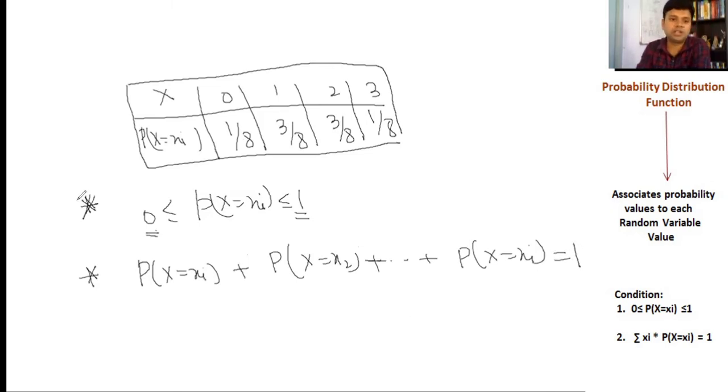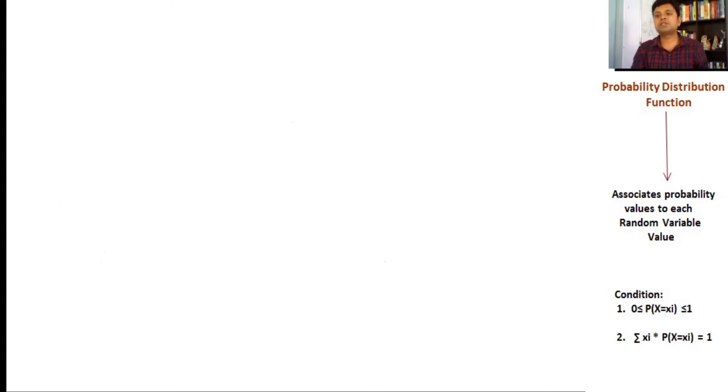So these two things are very, very important. They help us decide whether a given probability distribution function is valid or not. For that, I'm taking two simple examples, and let us decide whether each is a probability distribution function or not.